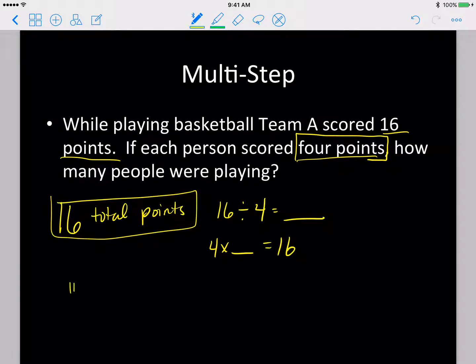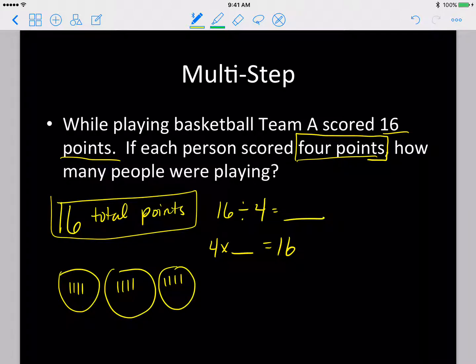So if we got 1, 2, 3, 4, so there's one group, one person, one player. 5, 6, 7, 8, there's another player. 9, 10, 11, 12, is another player. 13, 14, 15, 16. And that's the magic number because we know there were 16 total points.